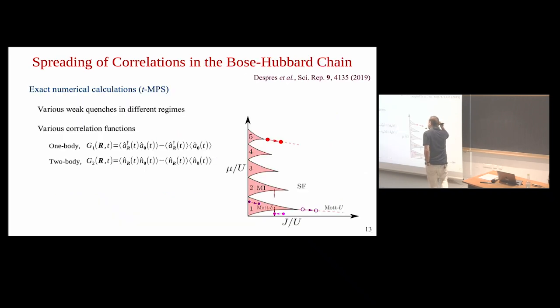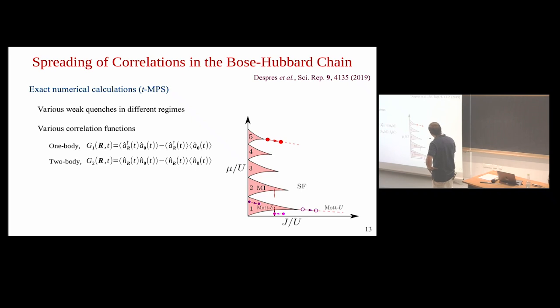We have checked that through exact numerical calculation in various systems. So in particular here, I focus on the Bose-Hubbard chain. So we are working in one dimension to have exact calculation with tensor networks, in particular time-dependent matrix product states. And then we have considered several quenches. So this is the phase diagram of the one-dimensional Mott insulator.